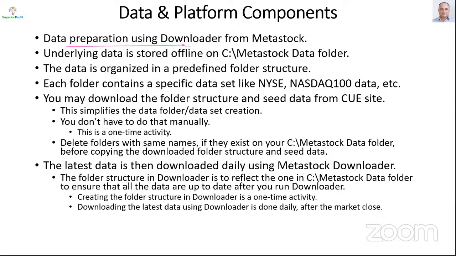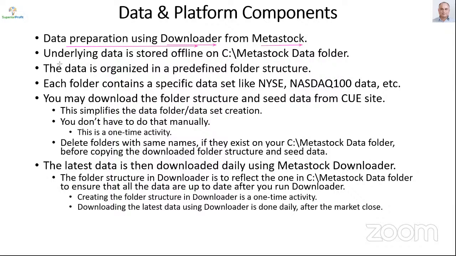Data preparation is done using the downloader from Metastock. Because Q Global Market Breadth involves a lot of aggregation across hundreds and thousands of stocks, it cannot be done in real time. It is done on offline data, and the offline data is prepared using the downloader app that comes with the default Metastock program.